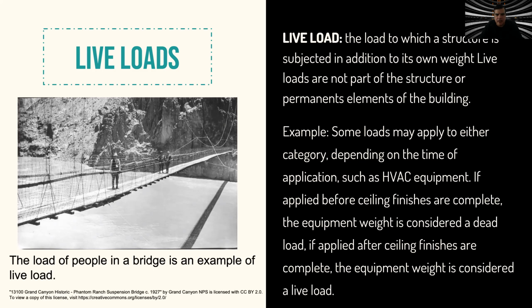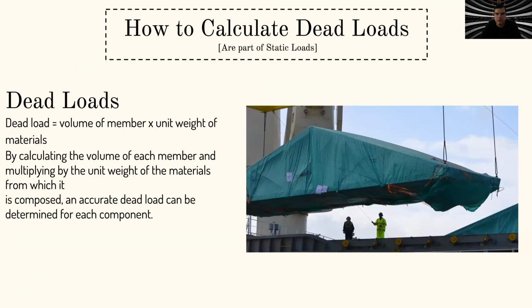On the left side, the people walking on the bridge are not part of the structure of the bridge, but they are acting, they are pushing the bridge down. Therefore, they are important loads, but are live loads. Live doesn't mean that they are alive. Any element that is not fixed in the building will be a live load.